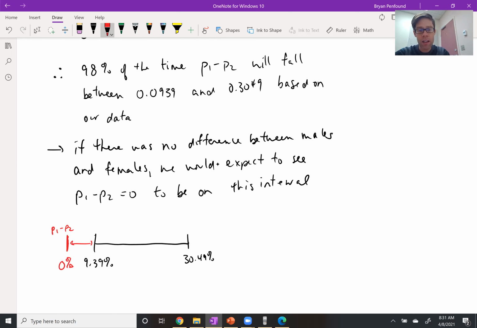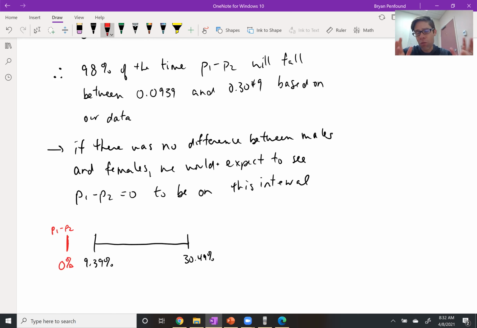It's about 9% away from this 98% confidence interval. It's not even like the lower bound is really close to 0, if you know what I mean. It's not like the lower bound is 0.1% or something. That lower bound is pretty significantly far away from what I would expect this target difference to look like.